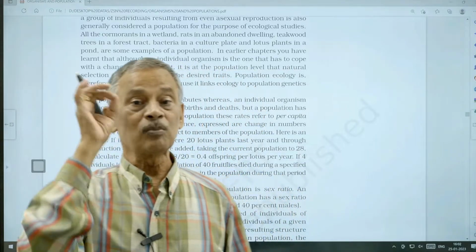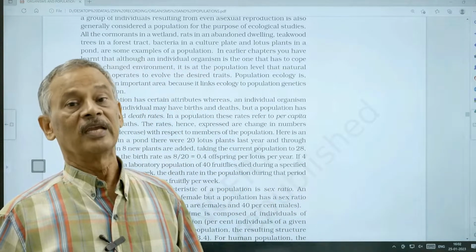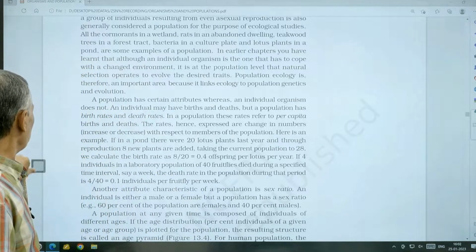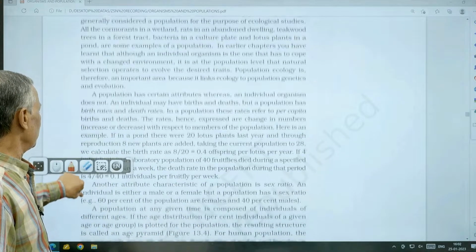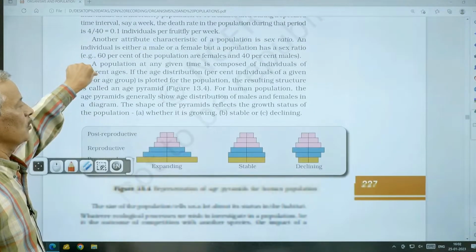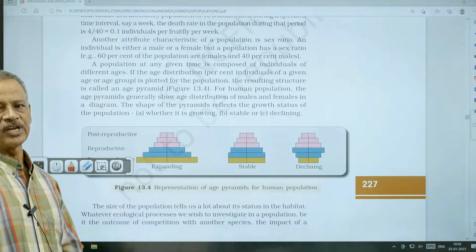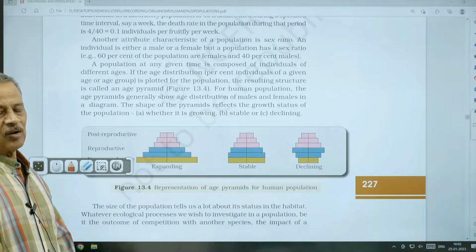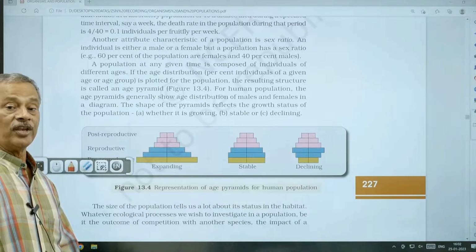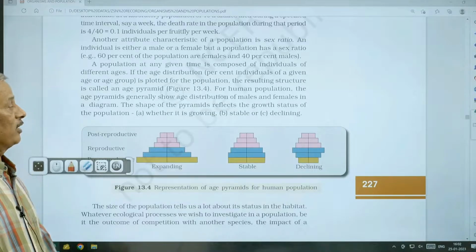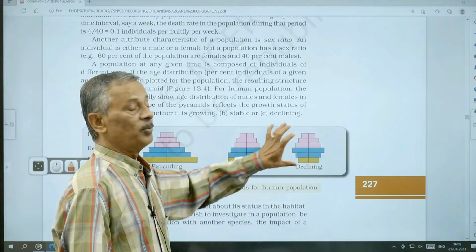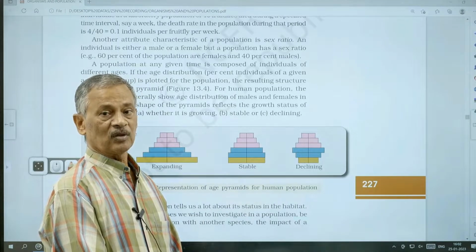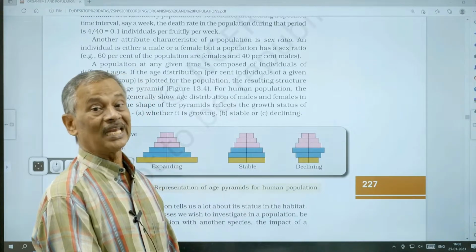Similarly, the most important feature is density of the population. What is density of population? Density simply means the total number of individuals. Okay. And the density of population will be varying. In a population, you will be having different types of organisms belonging to different age groups.